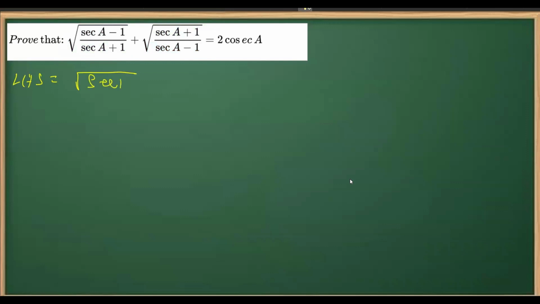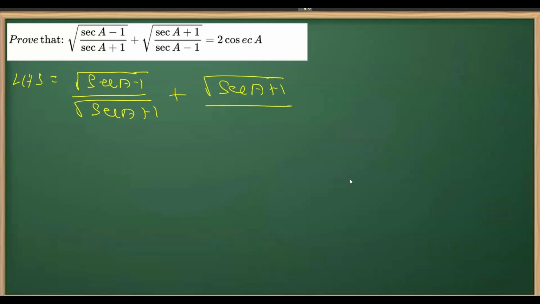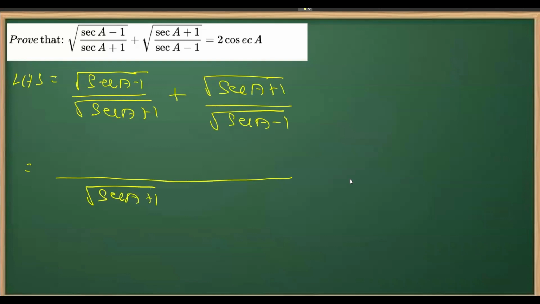So this is sec A minus 1 over sec A plus 1, and the other is sec A plus 1 over sec A minus 1. Now we'll take LCM. The LCM is the product of these two denominators, that is sec A plus 1 multiplied by sec A minus 1, whole under root.